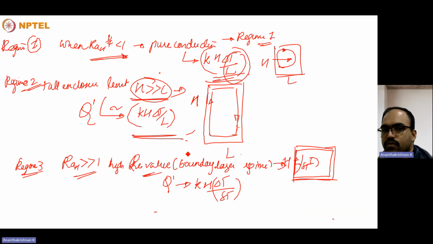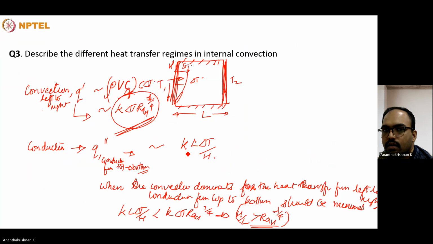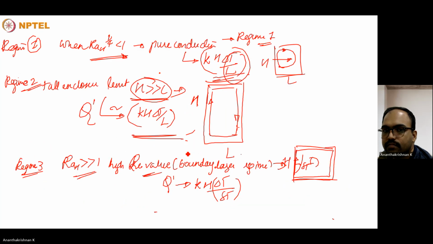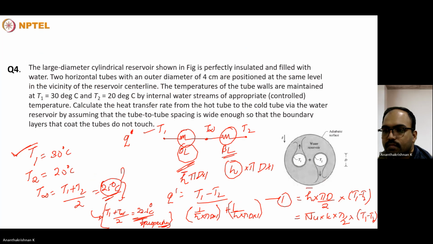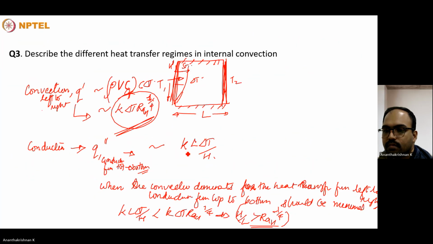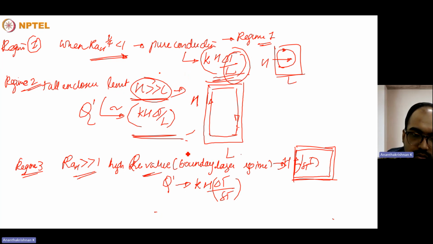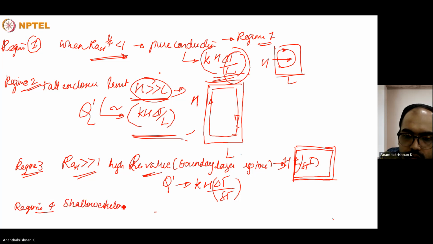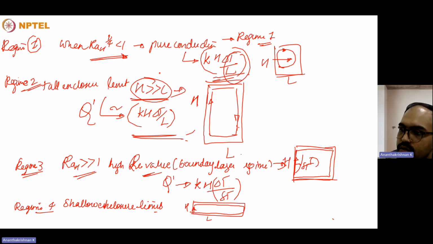And then the fourth one is the case of the shallow enclosure limit, where H will be very much less than L. In this particular case, the heat transfer rate will follow the same suit.